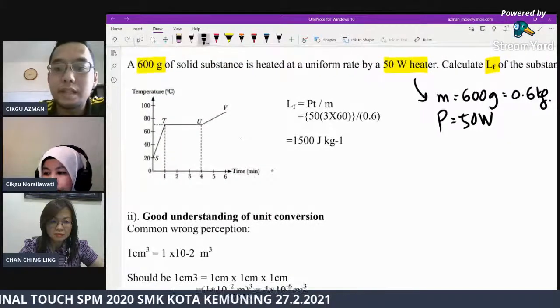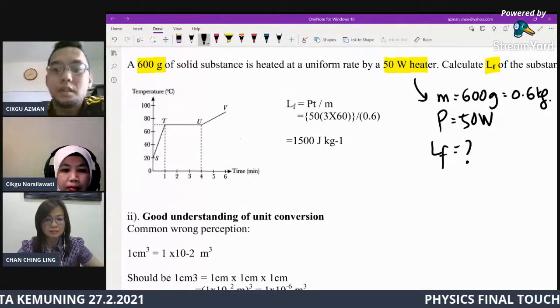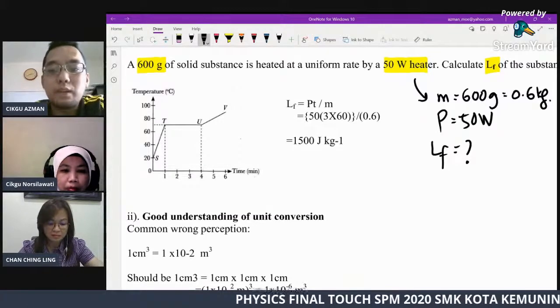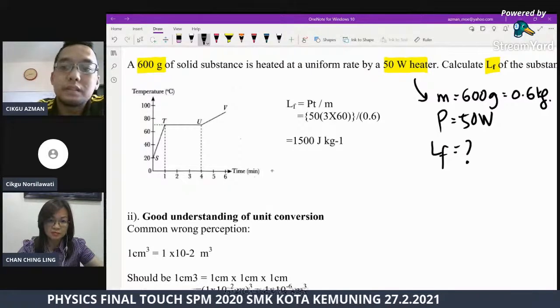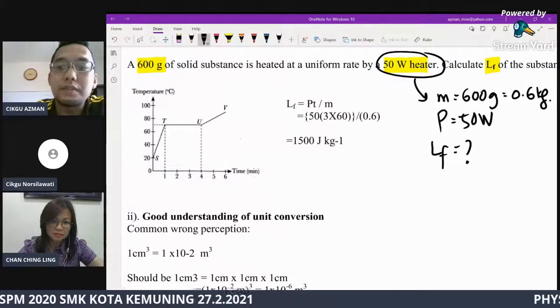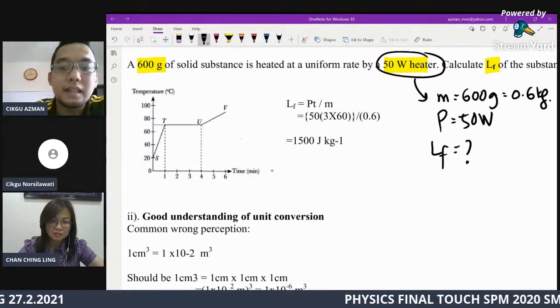We need to find latent heat of fusion. So from this question, you need to identify what is the concept involved. Heat and energy. You see 50 watt of heater meaning electrical energy.